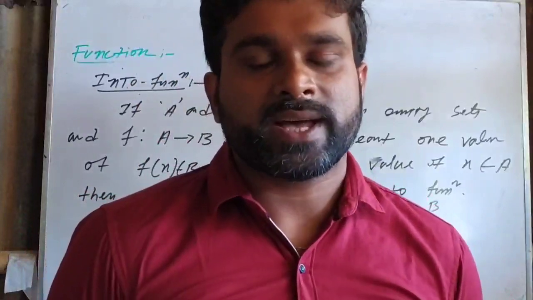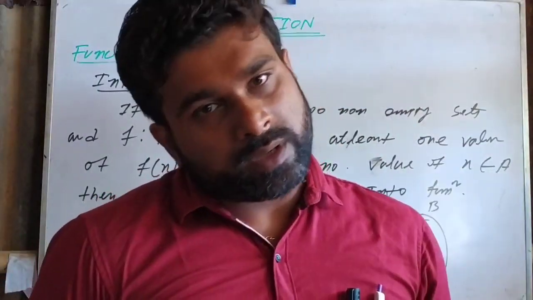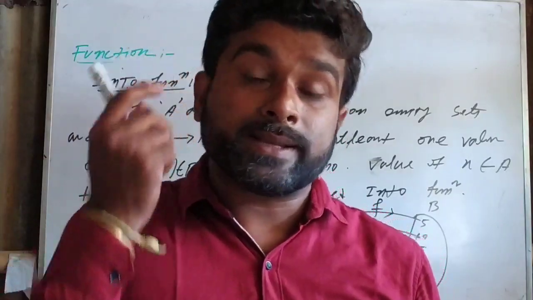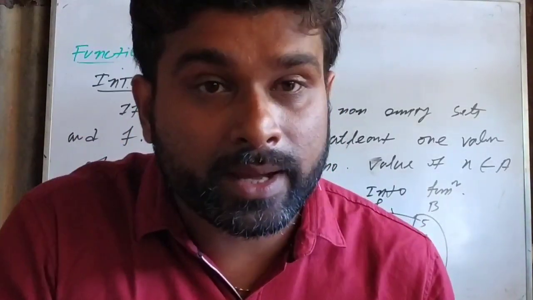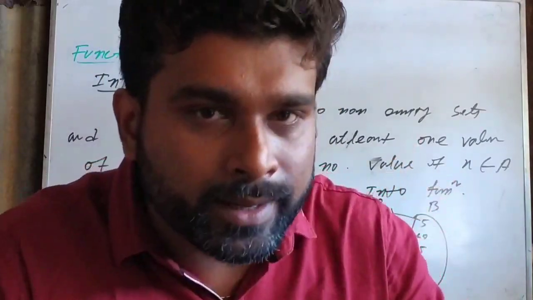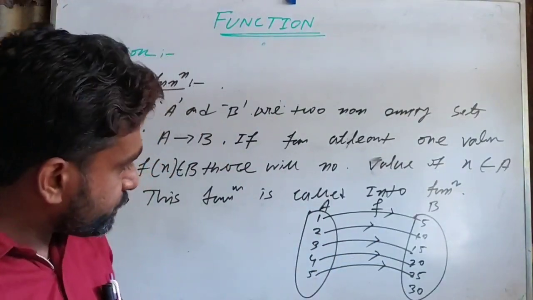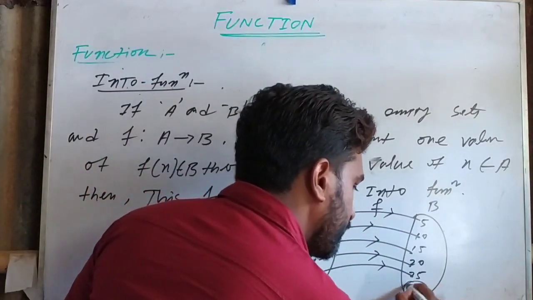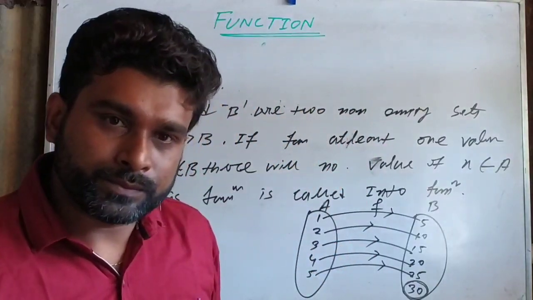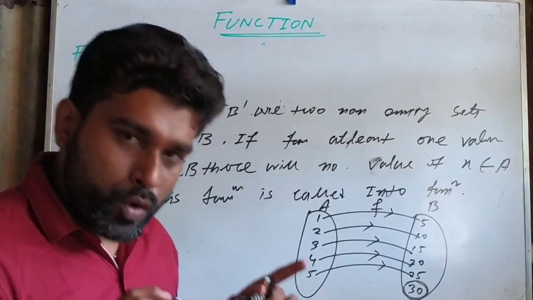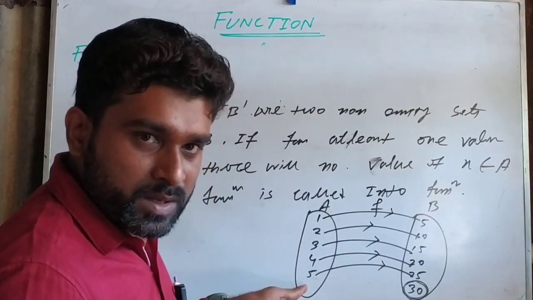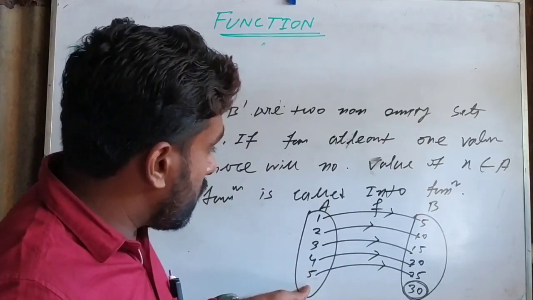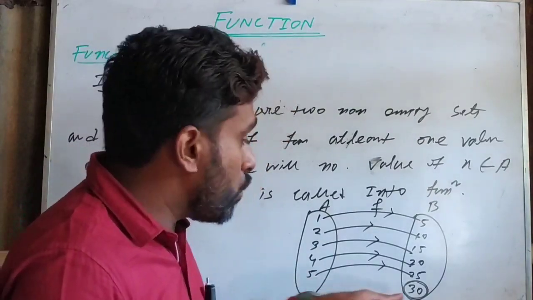which has no input value in the first set में कोई input value नहीं है, लेकिन second set में क्या है, second set में एक output value extra रह गया है जिसका कोई भी बॉन्डिंग किसी के साथ नहीं है. देखो यहाँ पर ऐसा है कि नहीं, F1 2 3 4 5 हो गया, मैपिंग भी बन गया, लेकिन एटलीस्ट वन एलिमेंट, दैट मींस 30 is left here, and I think no mapping is there, and no element in the first set, that means no input value in the first set is left, which actually has the mapping with this 30 as well.